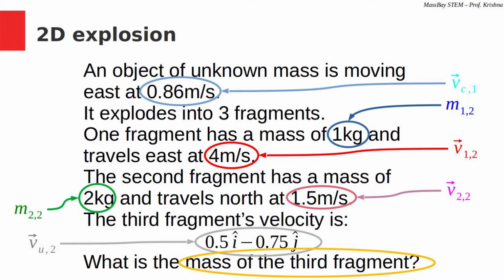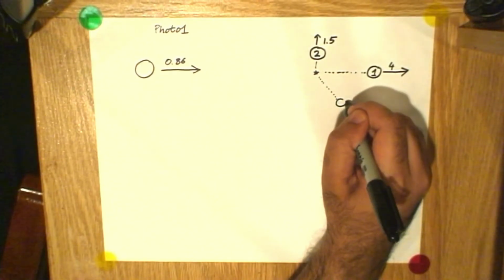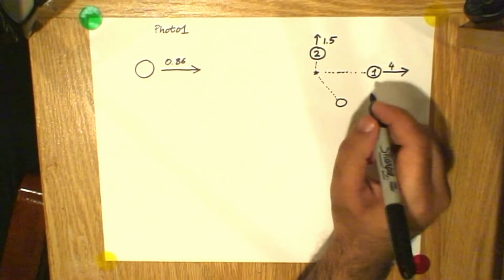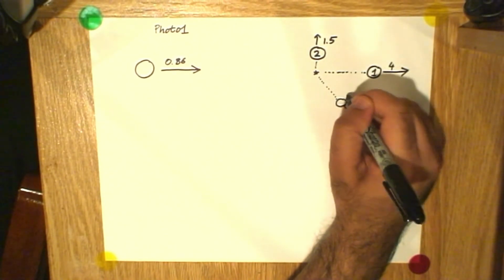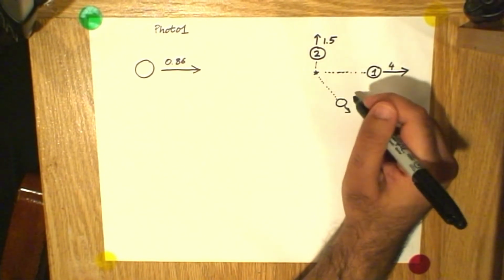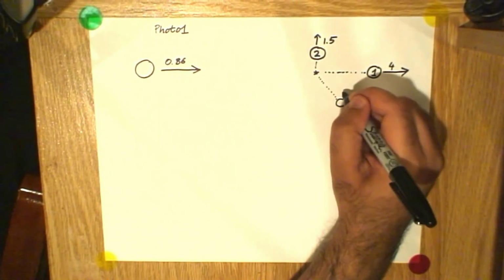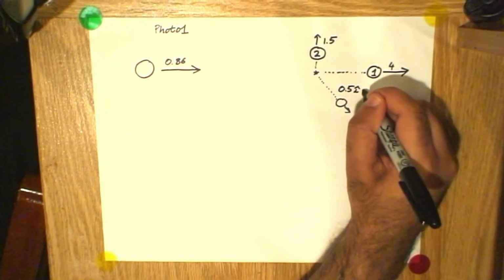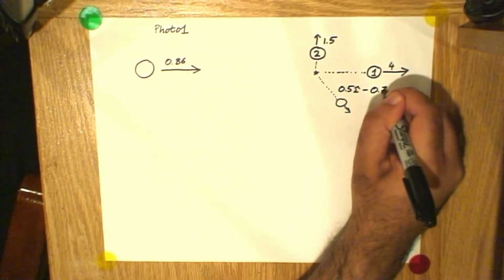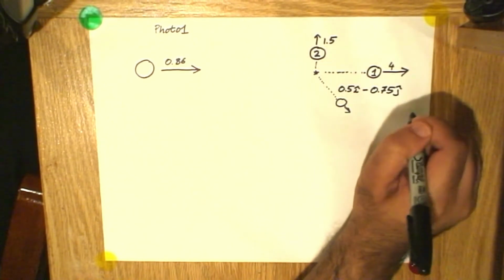And there's a third fragment of unknown mass that travels down and to an angle. The velocity, however, of this third and unknown mass is 0.5 i hat minus 0.75 j hat.